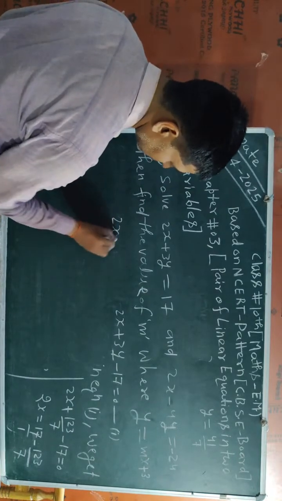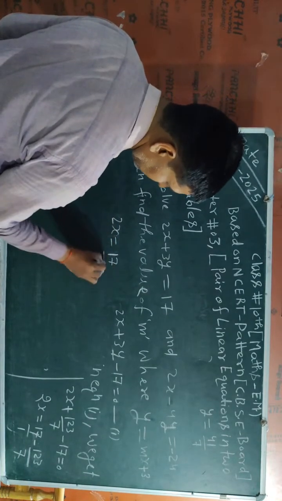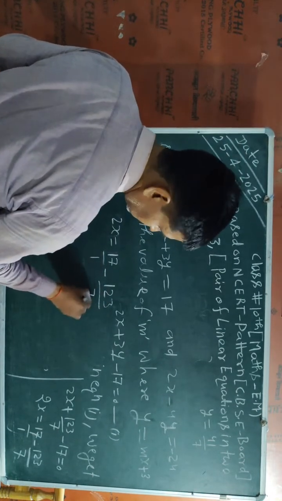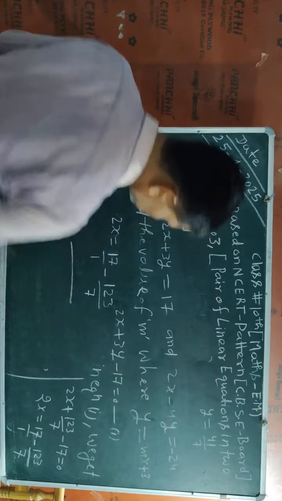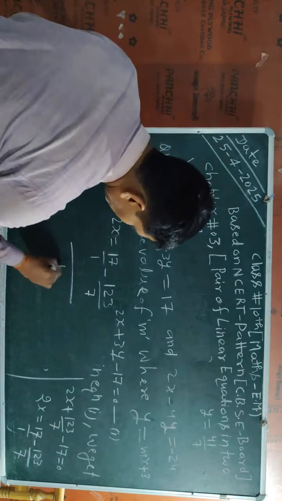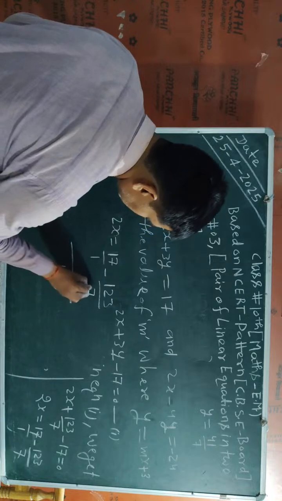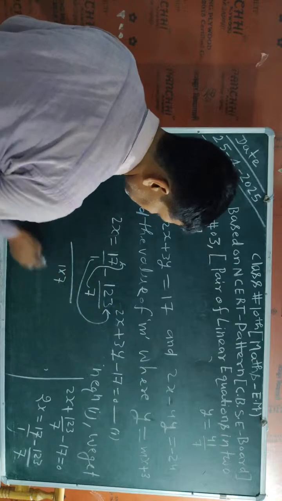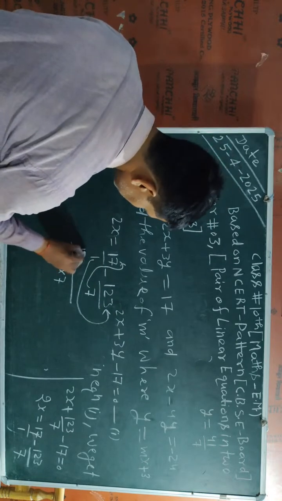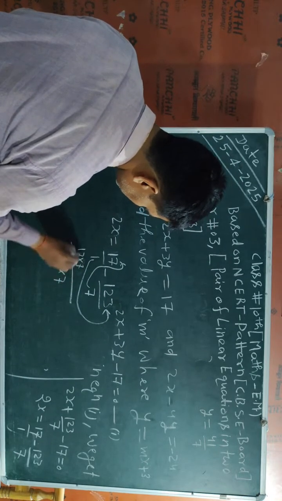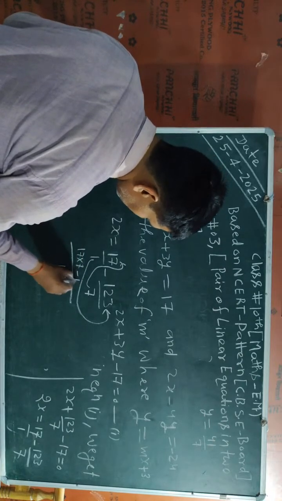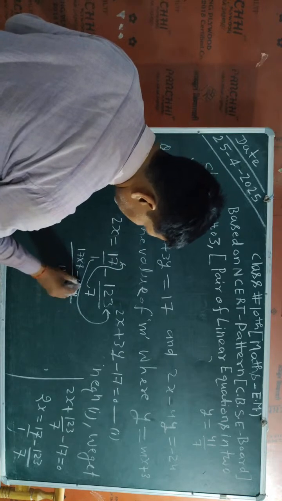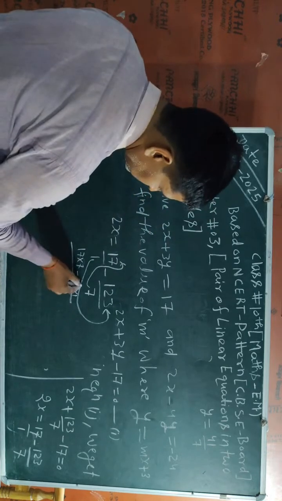So I am going to erase this one and I will evaluate the value from that. So 2x is equal to 17 divided by 1 minus 123 divided by 7. So here I will take the LCM. 1 into 7, so this 7 I will multiply with this term and this 1 is multiplied with this term, and then I will write here 7 into 17 minus 123 into 1.